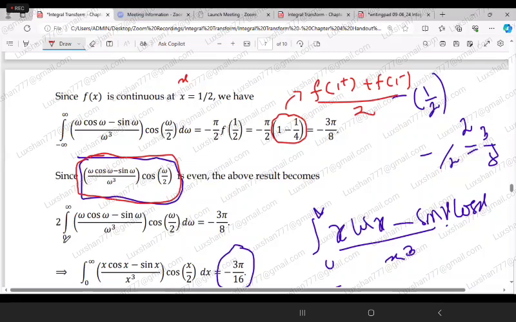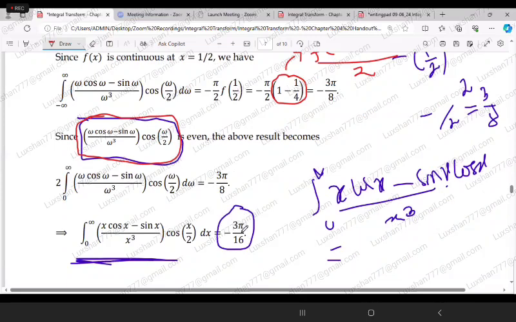Therefore, I can break the limit to 0 to infinity, so I have to put 2 here. Then I can put 2 times 0 to infinity. Therefore, the answer will be minus 3 pi by 2 by 8 divided by 2, so I get minus 3 pi by 16. So that is the answer.